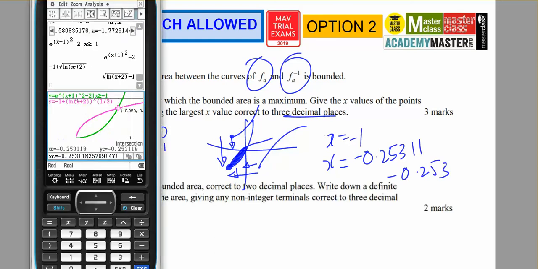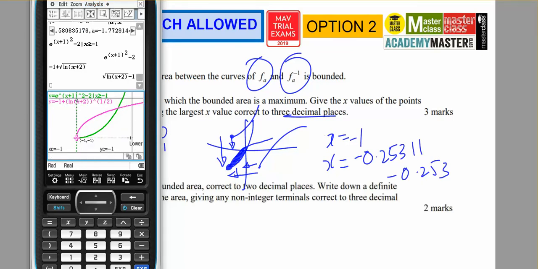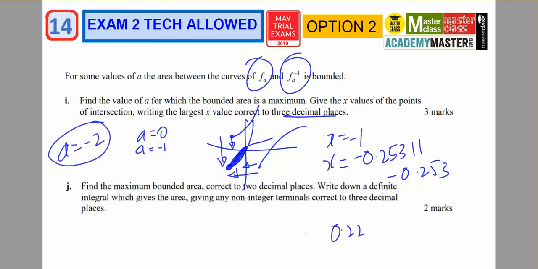And while I'm here, let's find that area. Analysis G-solve integral intersection, except. Move to the next one, except. And that area should be 0.2266, giving maximum area to 2 decimal places. So area equals 0.23 units squared.